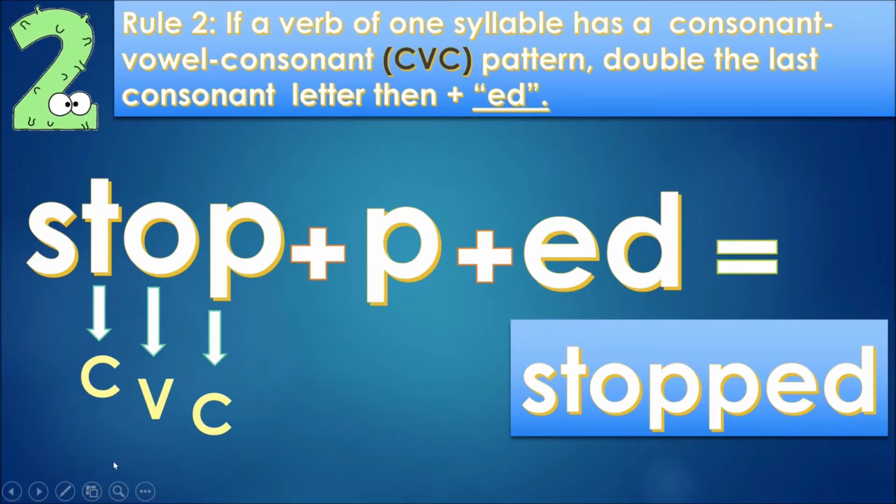One more time. If the word is one syllable, okay? So syllable is the division of the word when you read. It has a consonant, vowel, consonant pattern. So when you say the last three letters of the word is consonant, vowel, consonant, therefore, you have to double the last consonant.